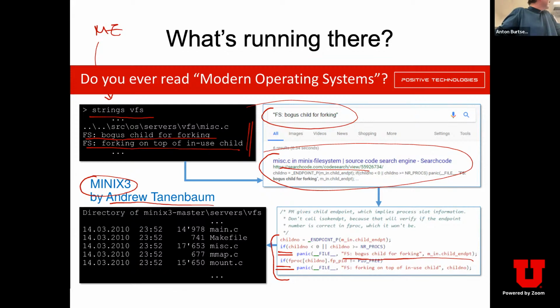If you very carefully look here, we can search right now, and it is part of the file system. It's part of the virtual file system inside the Minix microkernel.